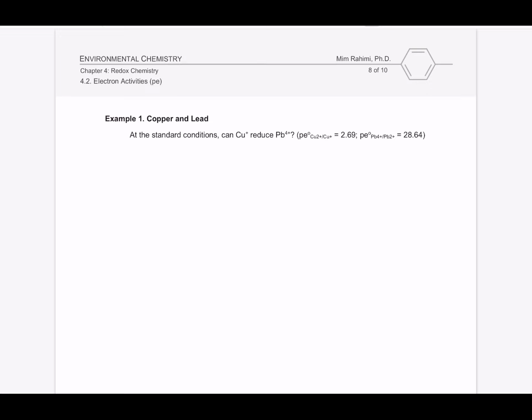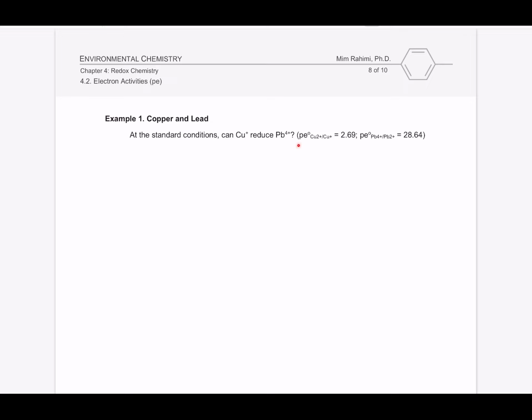In this case, it's asking about standard condition, but probably in the exam you have a non-standard condition. It would be the same approach. Here you're dealing with delta G R of 0. In the exam, because it's non-standard, you have to work with delta G R. So here, for the sake of simplicity, we have a standard condition. So the question is, can copper plus reduce lead 4+?